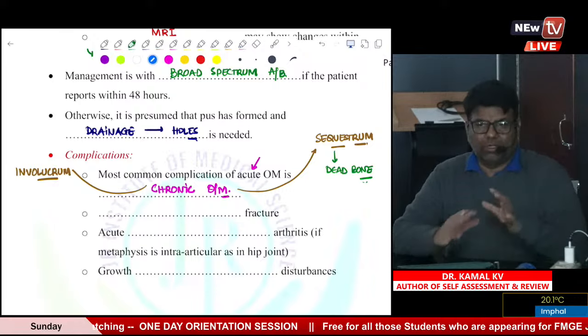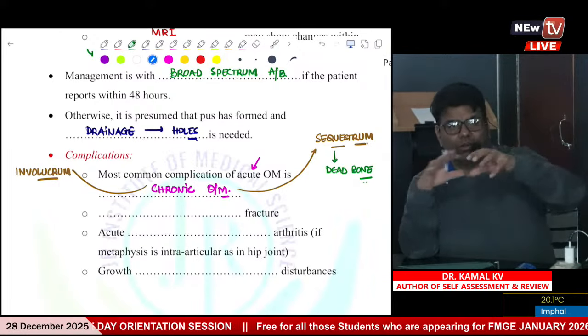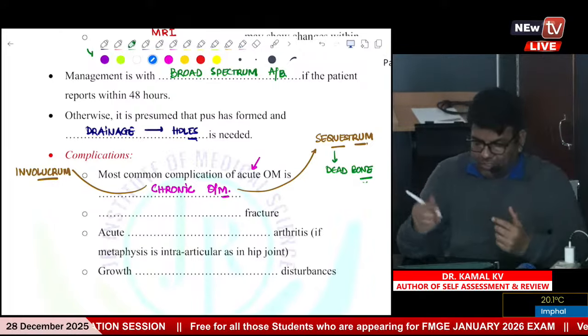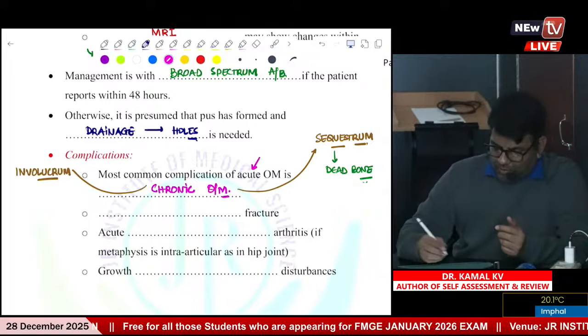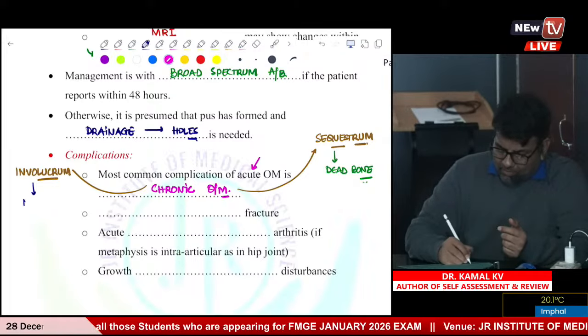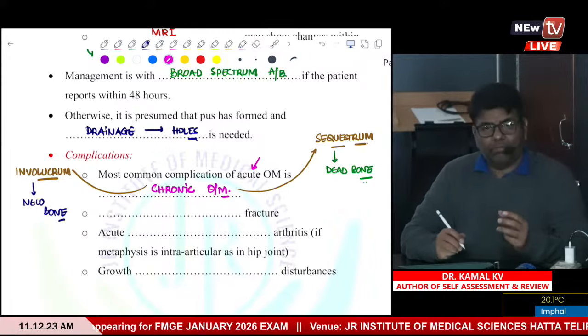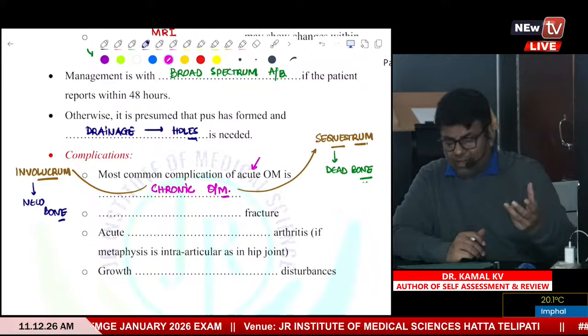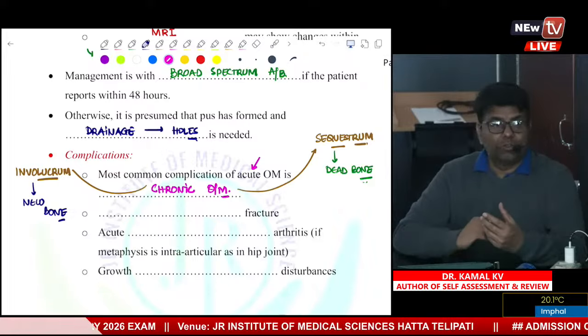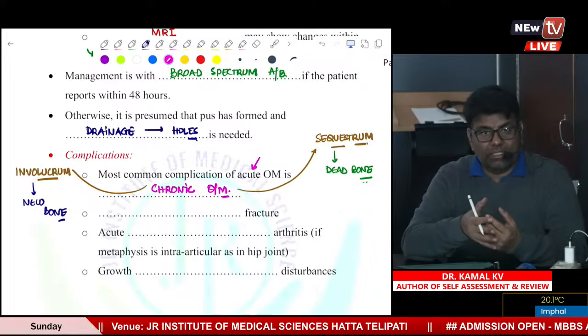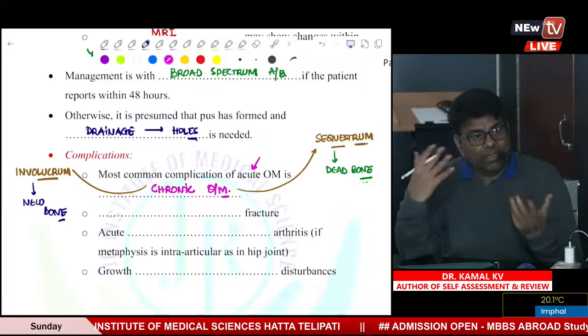So actually the exact definition is dead piece of bone lying within the infective granulation tissue, but for the time being, dead bone. Involucrum is new bone, because what happens when some part of the bone is dying, body tries to compensate it by producing new bone.